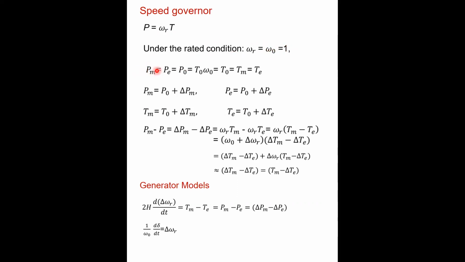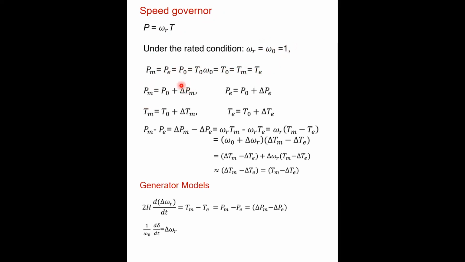Then the mechanical power and the electrical power are both at their initial nominal value. And this is how we can define it in terms of torque and speed, and then they are equal. So when the machine is running at the rated speed of 1 per unit, then the torque and the power are actually the same.